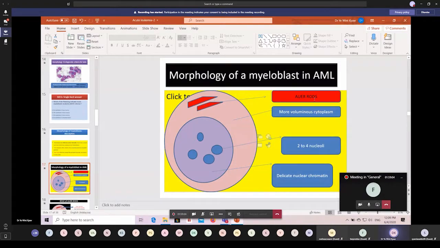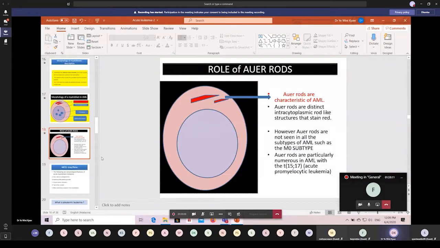If you see Auer rods, you can tell this is definitely AML. Nucleoli 2 to 4 and delicate nuclear chromatin. Auer rods are usually seen in t(15;17), acute promyelocytic leukemia.